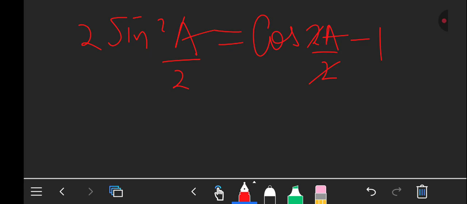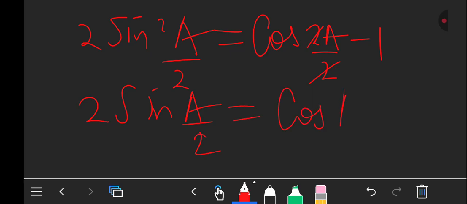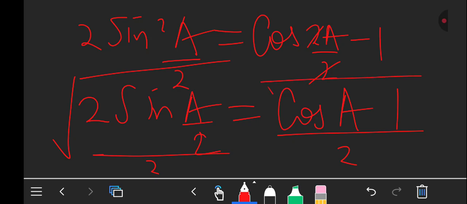So we have sine squared a over 2 is equal to cos a minus 1. To get rid of this coefficient, which is 2, we can divide by 2 on both sides. To get rid of the square, we can find the square root on both sides. Basically we have positive or negative there.